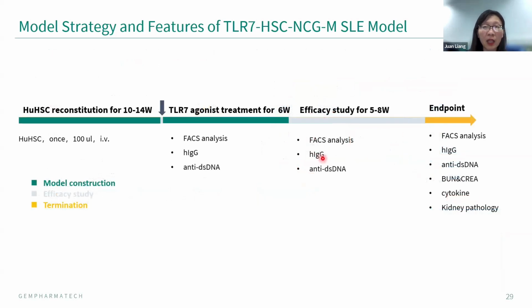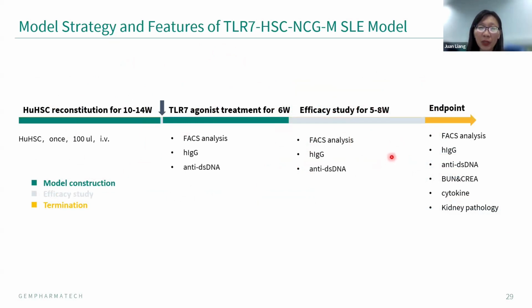Here is a study timeline for the drug efficacy. First, we need to reconstitute human HSC in these mice. After 10 to 40 weeks of reconstitution of human immune cells, we treat the mice with TLR7 agonist for around 6 weeks. And then we perform the phenotype validation and also the drug efficacy studies.